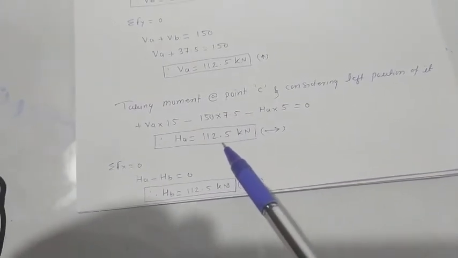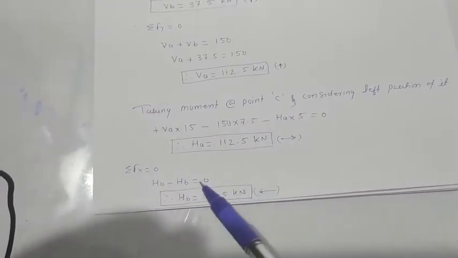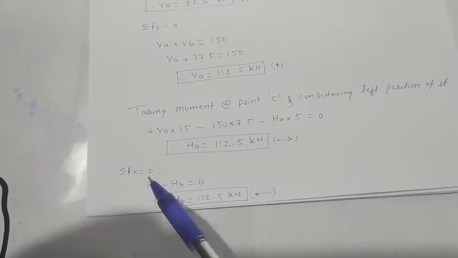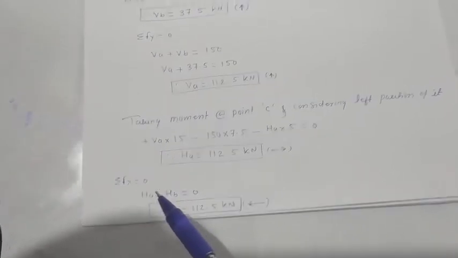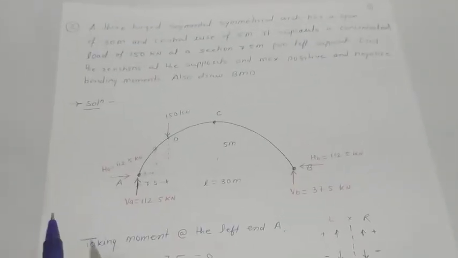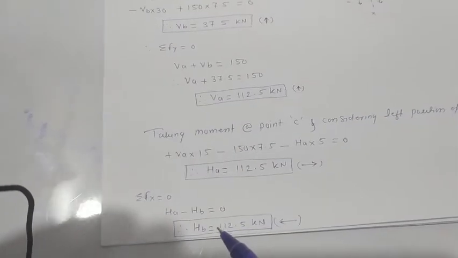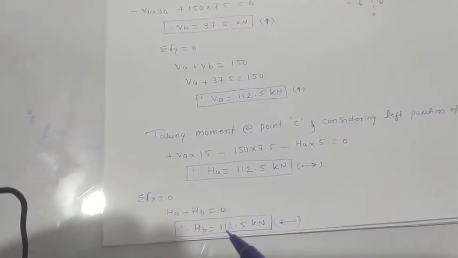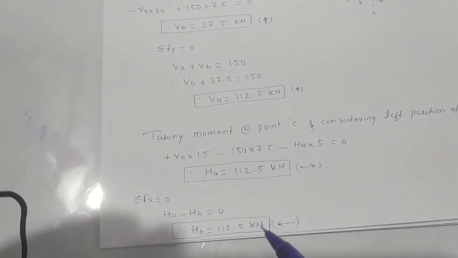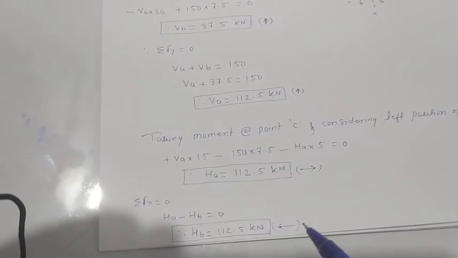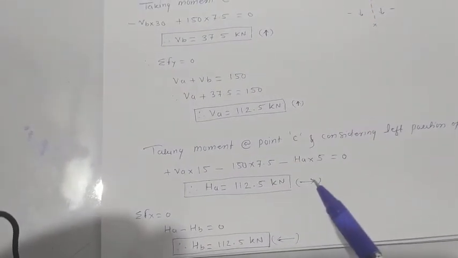From this one you will get HA, that is the horizontal reaction at point A. Then summation Fx is equal to 0. So HA minus HB is equal to 0. From this equation you will get the reaction at point B, that is 112.5 kilonewton, which is acting rightward and this is acting leftward.